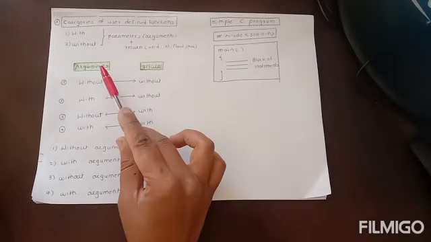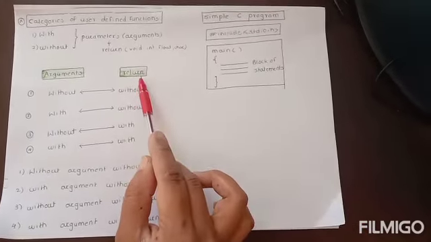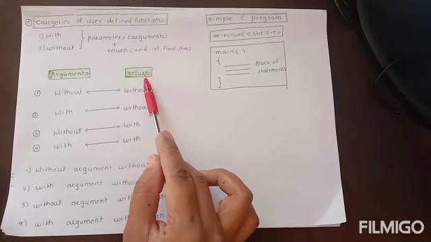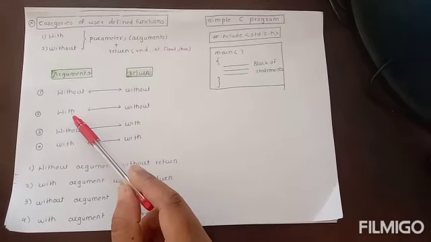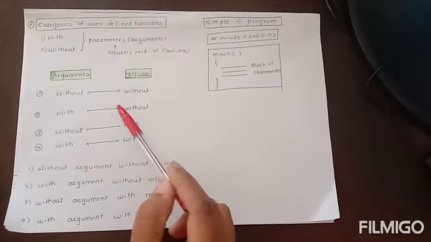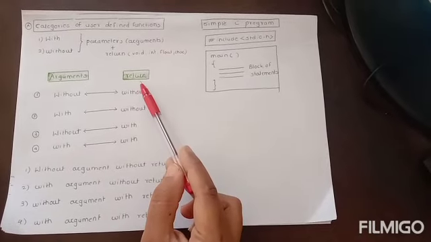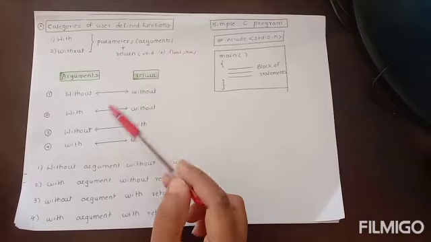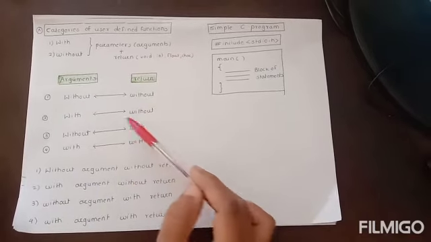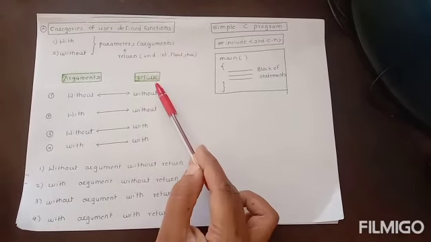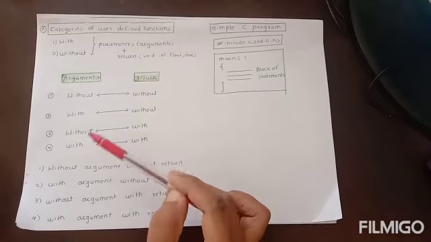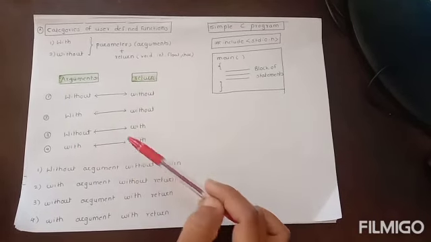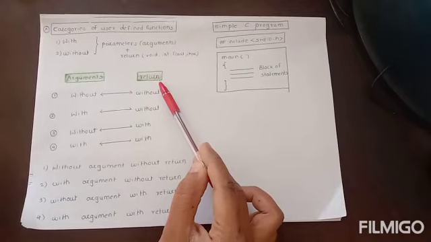Without argument, without return, that would be our first category. Second category, with argument, without return. Third category, without argument, with return. And last, with argument, with return.